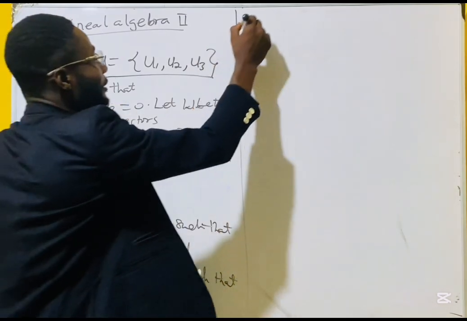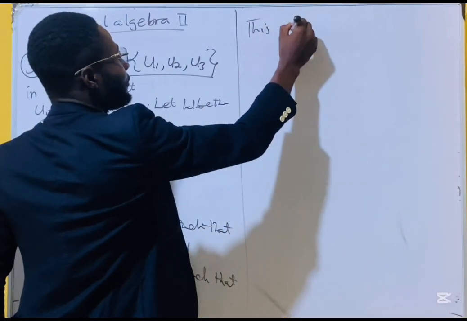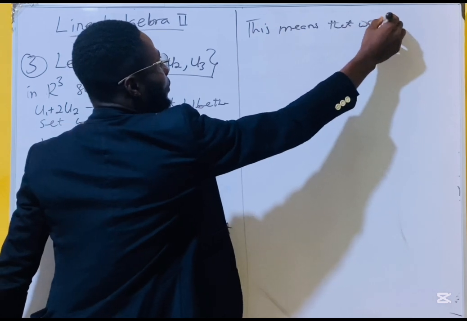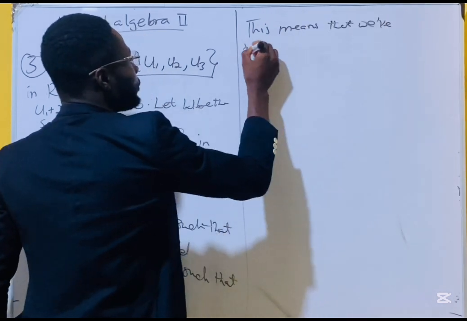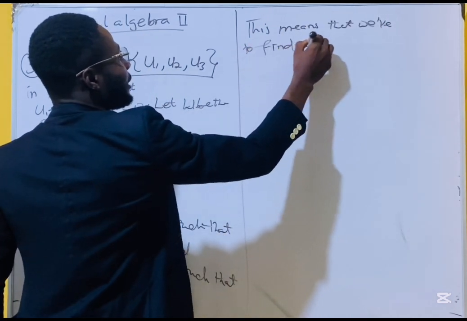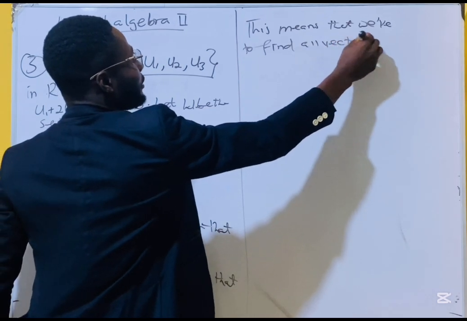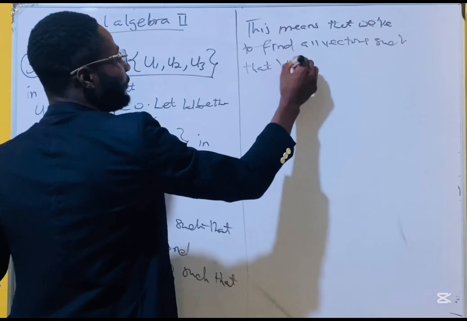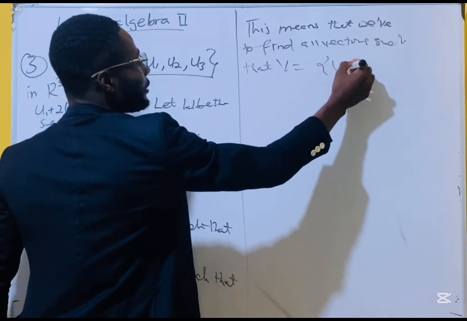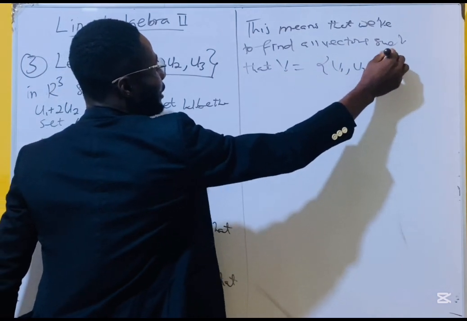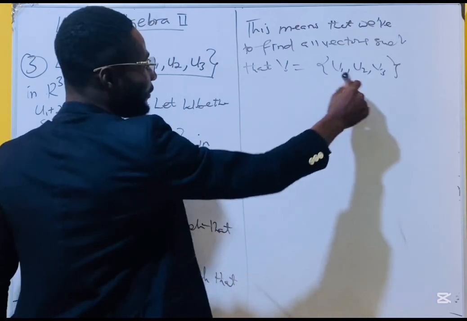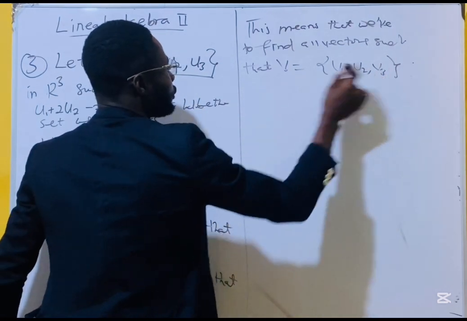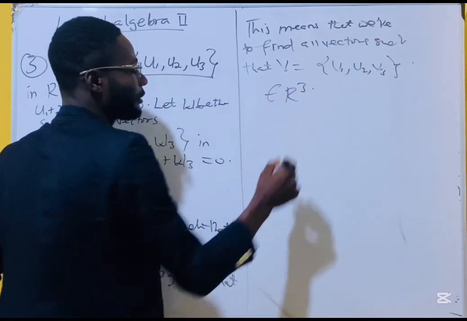So this means that we have to find all vectors such that v is equal to v1, v2, v3, and these vectors belong to R3.